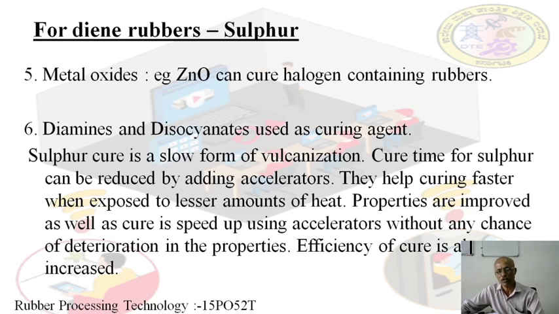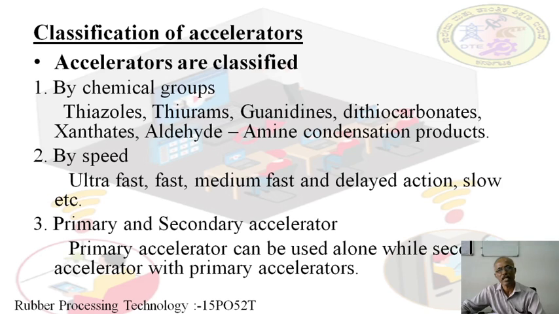Efficiency of cure is also increased. Next, classification of accelerators. Accelerators are classified, one, by chemical groups, that is thiazoles, thiurams, guanidines, dithiocarbamates, xanthates, aldehyde and amine condensation products.